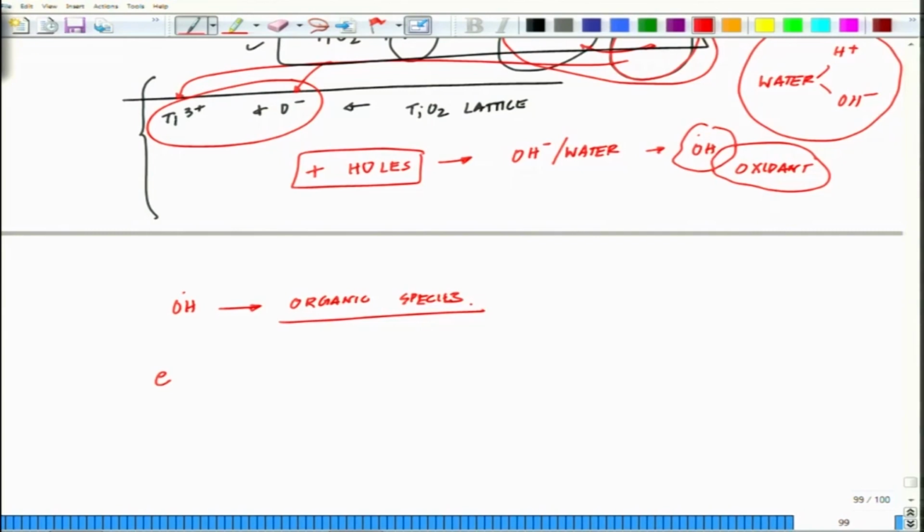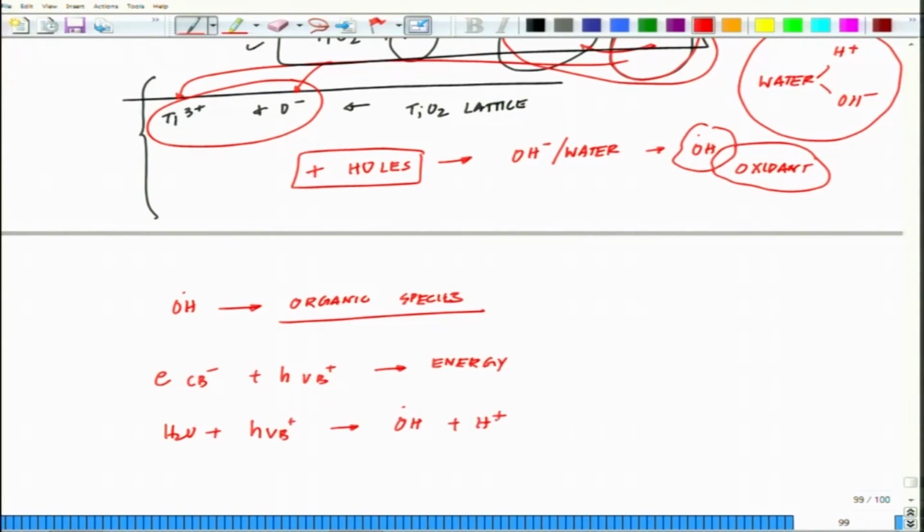So, this is the reactive oxygen species that we are creating: e-CB in the conduction band plus h+VB in the valence band. You have the energy, and H2O plus h+ in the valence band is generating OH dot plus a proton, which you could see as the H+ out there.